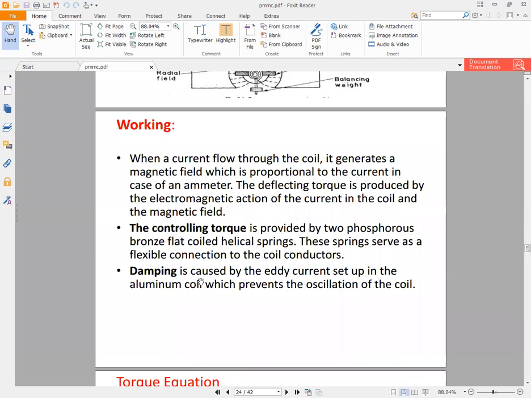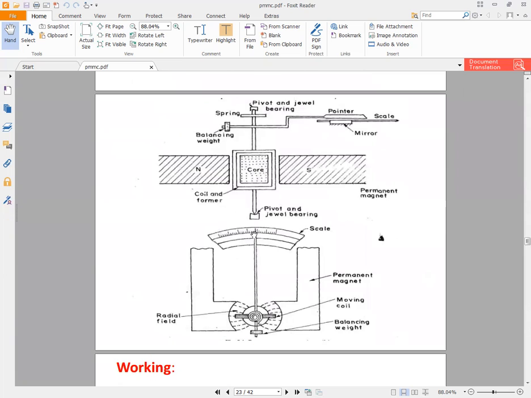The last one is the damping torque, which is caused by the eddy currents set up in the aluminum coil, which prevents oscillation of the coil. When it tries to show the reading, sometimes the pointer oscillates, moving to the left side and to the right side.